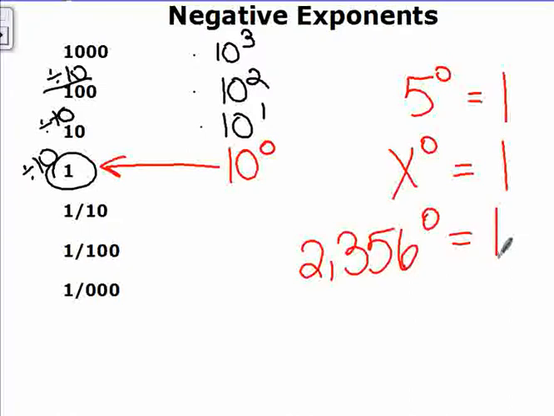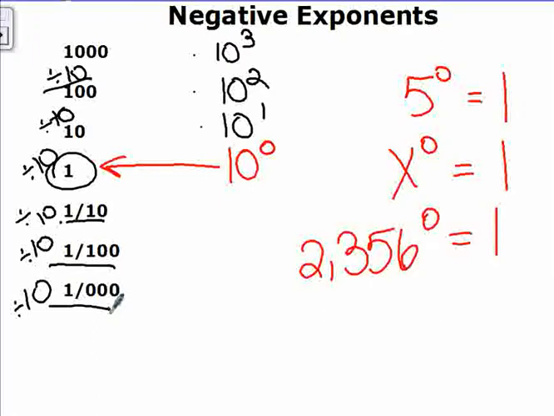If I continue this pattern and continue dividing by 10, 1 divided by 10 is 1/10. If I divide by 10 again, I get 1/100th. 10 again, 1/1000th. Again, make a prediction as to what you think the exponents will do.